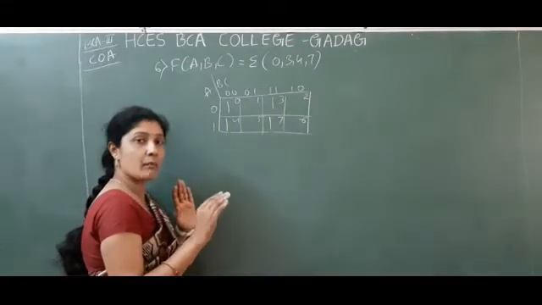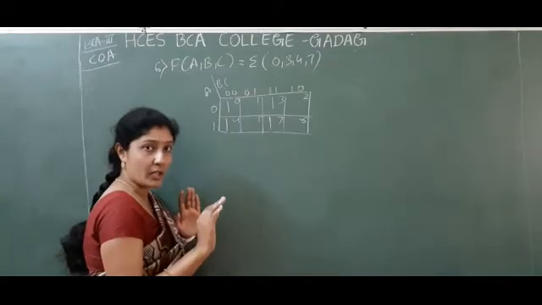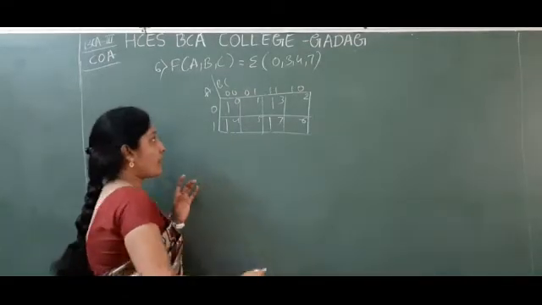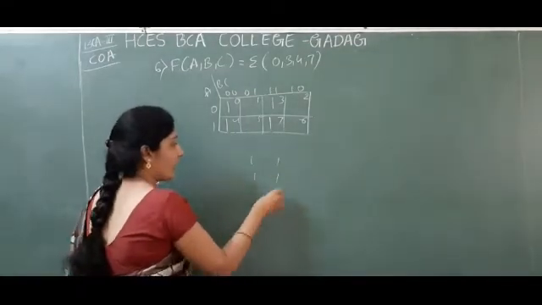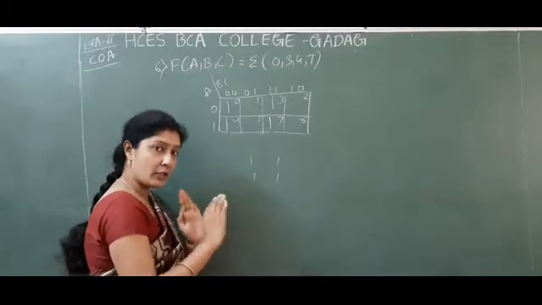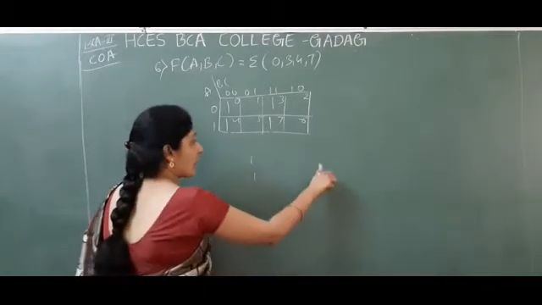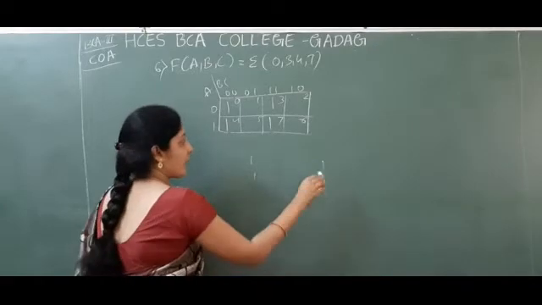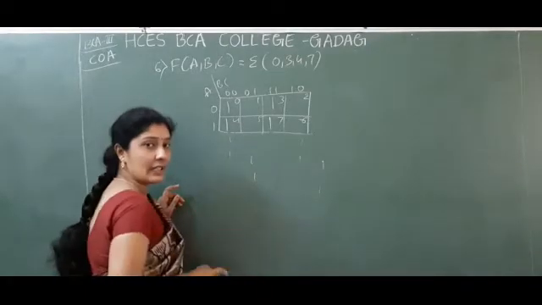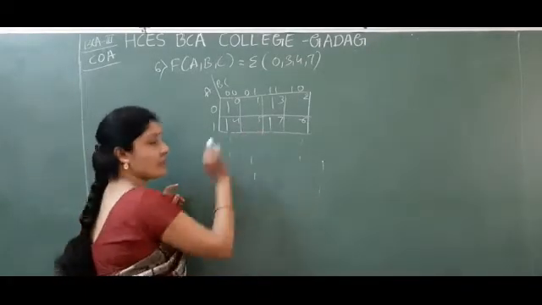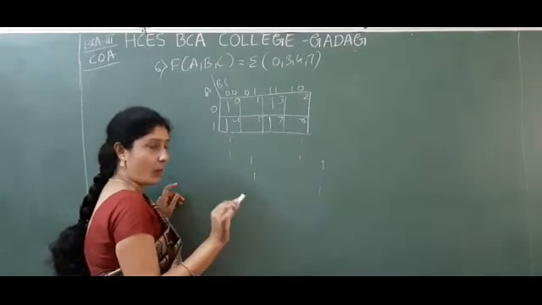So this cannot be made as a quad. That you have to remember. To make a quad, they must be adjacent to each other, and they must be at the terminal, I mean exactly at the end. If it is like this, it cannot be made as a quad.